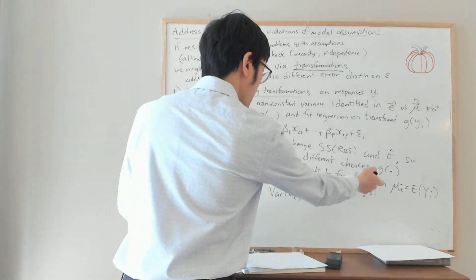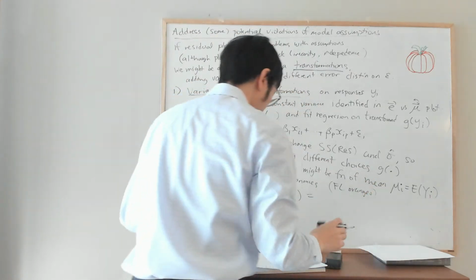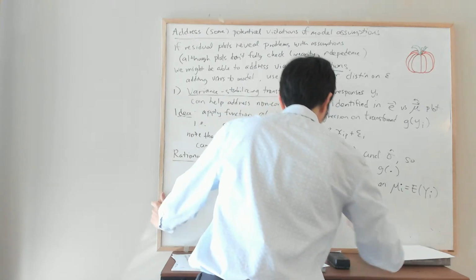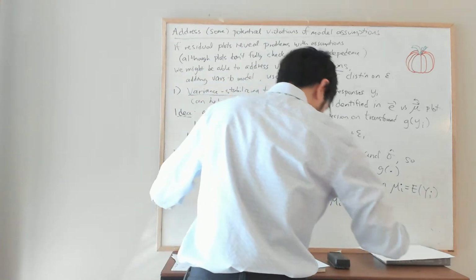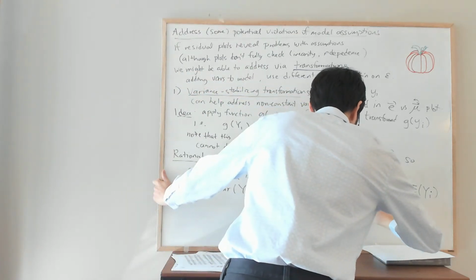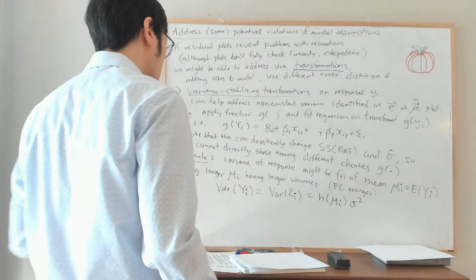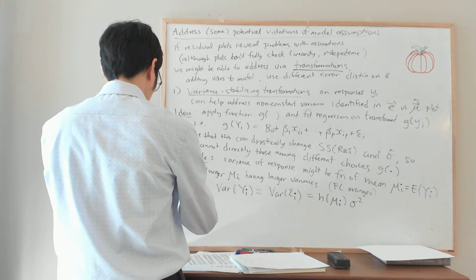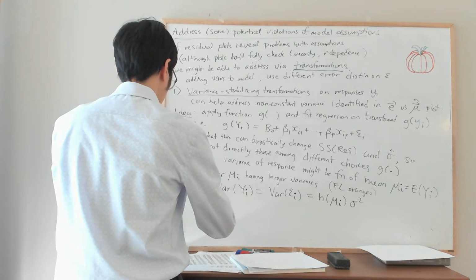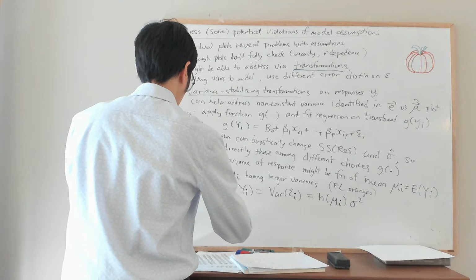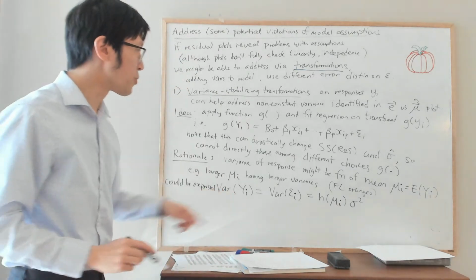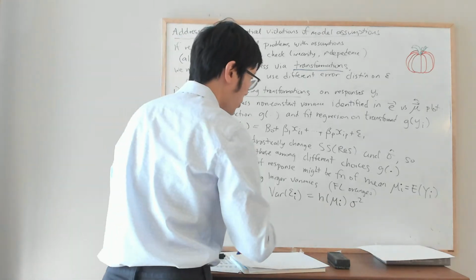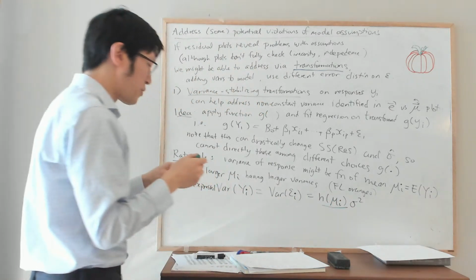If it's a function of the mean, this could look like some function h of mu i times sigma squared. So rather than having a constant variance, we might be able to explain the variance as a function of the mean.